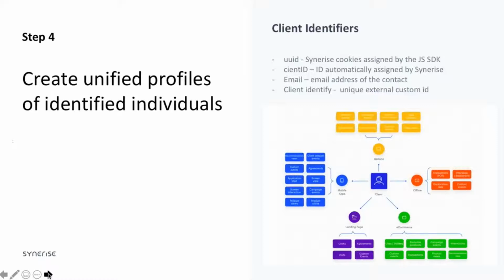This cookie will be really important for you because this way you will be able to merge the user activity from the very beginning. And then, of course, during the next period of time, you will identify your users. In order to do that, you will have, for example, an email address or maybe your own client identifier, some kind of external custom ID that all of your systems are using and you want to use here.